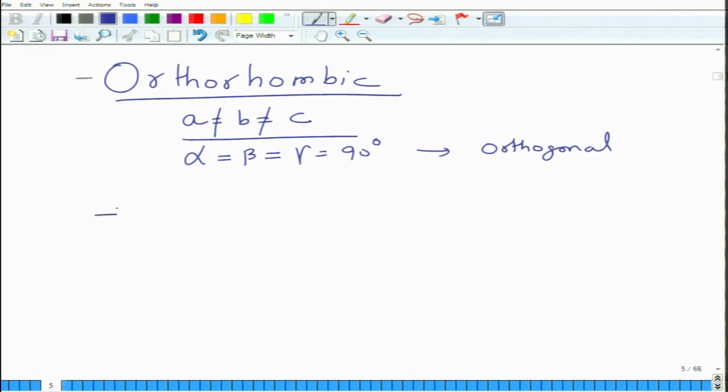The fourth one that we talk about is called hexagonal. In this hexagonal system, it looks like a hexagon. So, you can say that you have a unit cell like this.